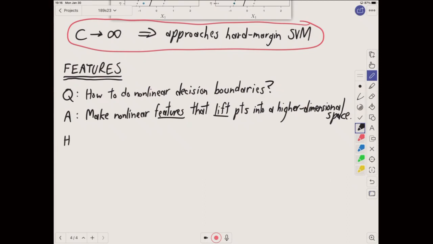So essentially the idea is that we now have points in a high dimensional space. We apply a linear classifier, like a support vector machine, to those lifted points, and that induces a low dimensional nonlinear classifier for the original points that I had before I added the features.